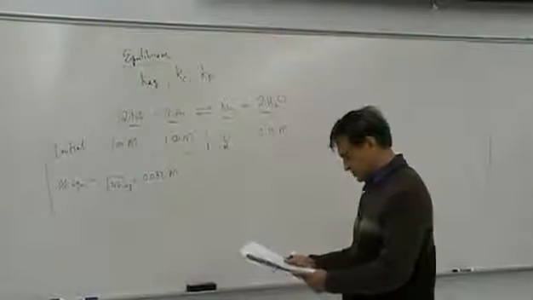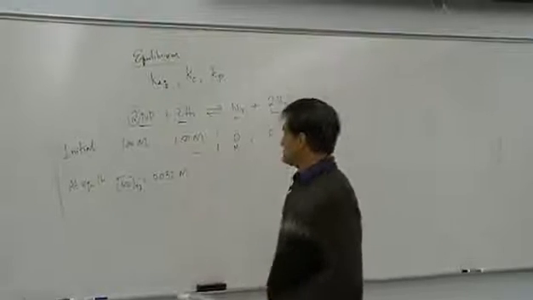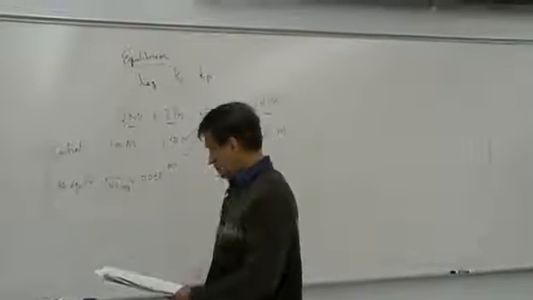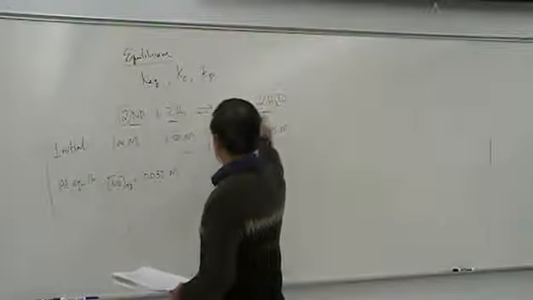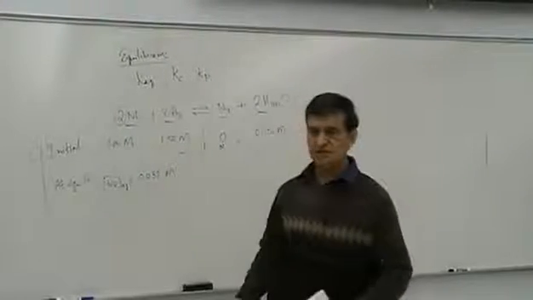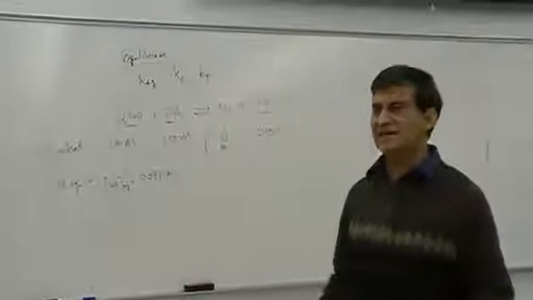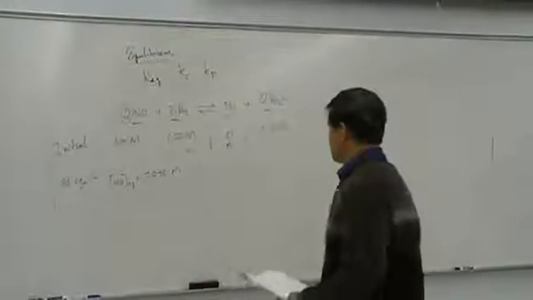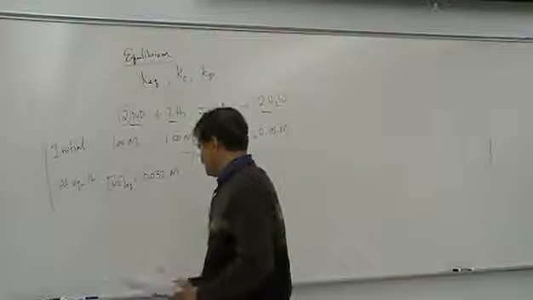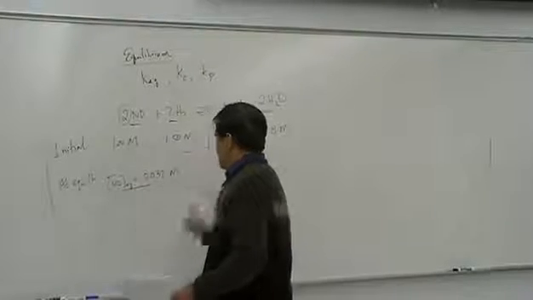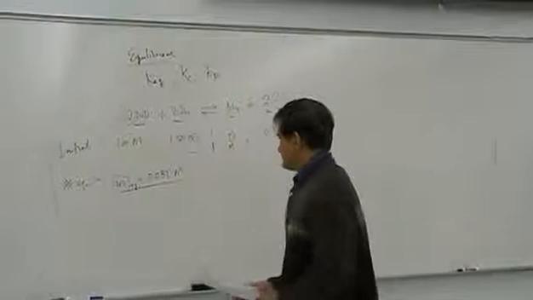With this information, I would like you to calculate equilibrium concentration of hydrogen, nitrogen, and H2O. Remember equilibrium concentration? The concentration that's going to exist at the end after equilibrium is reached. We know the initial concentration, but not the final. Let me show you how we can find it out.